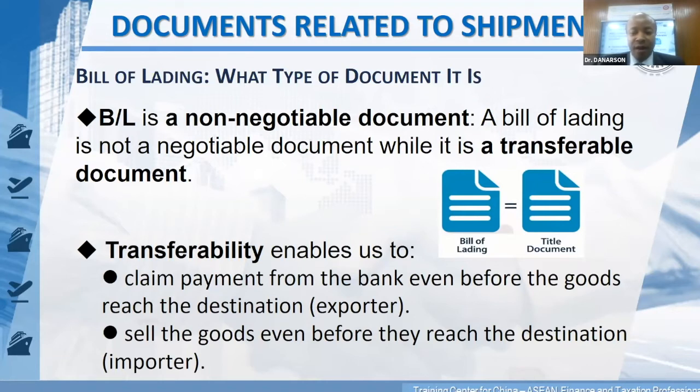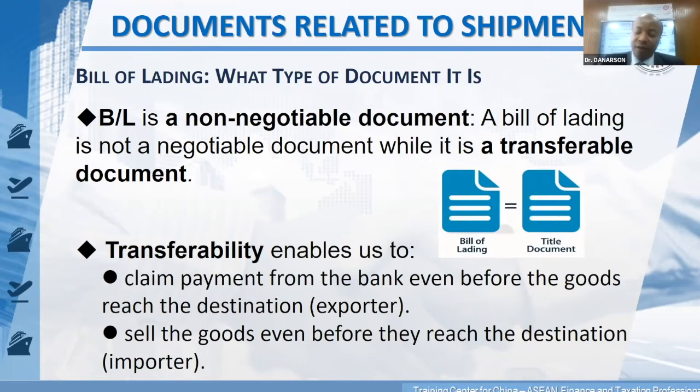When it's sent from the exporter, then you can get the goods or we claim payment. So the bill of lading is used for that kind of payment. And it's also witnessing the fact that we have paid.